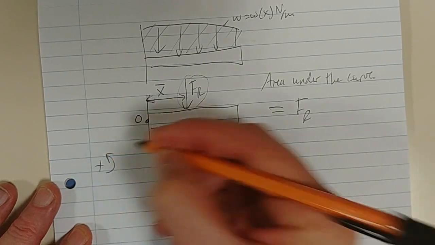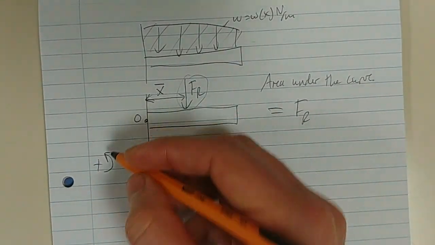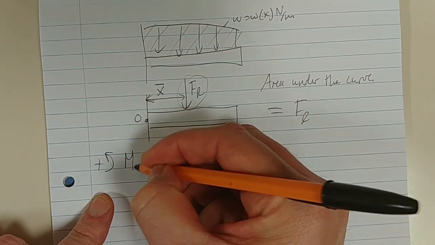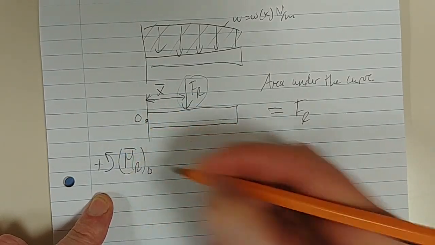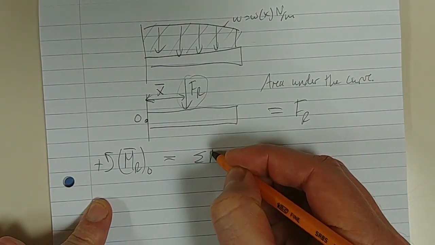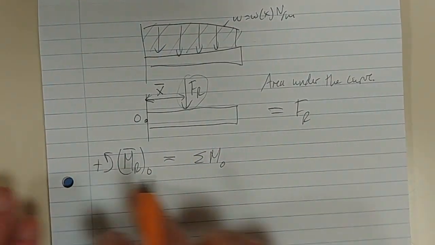If we take moments about O, and we say anti-clockwise is positive, the resultant moment about O is equal to the sum of the moments about O. You've seen this before, right?